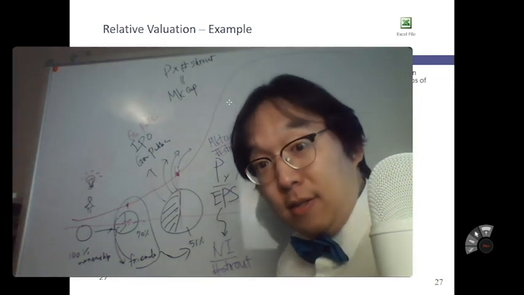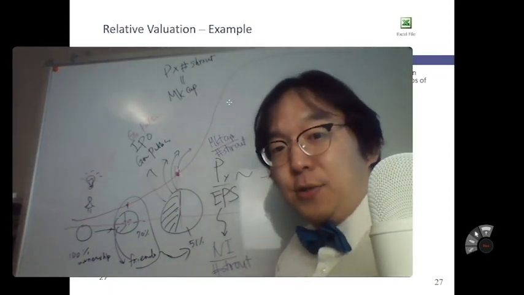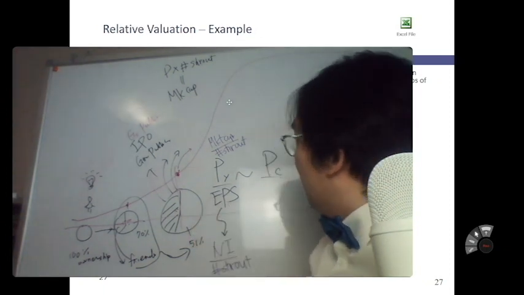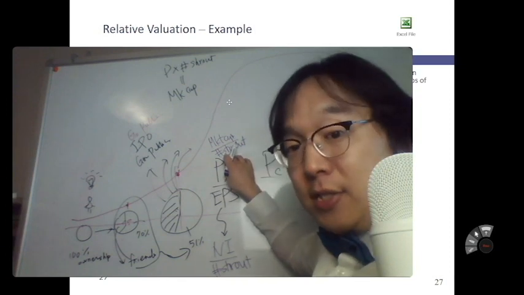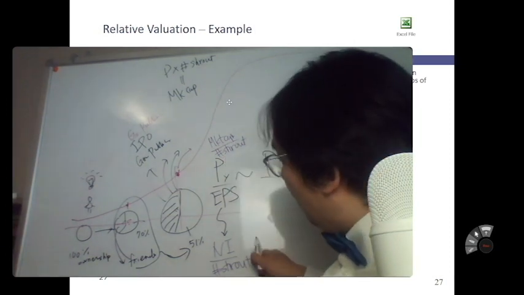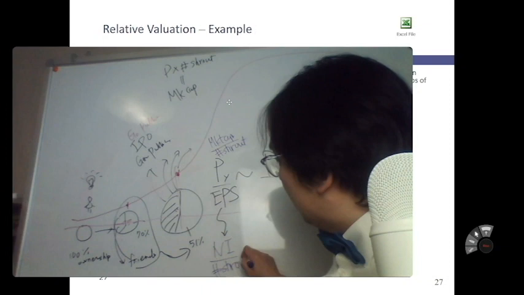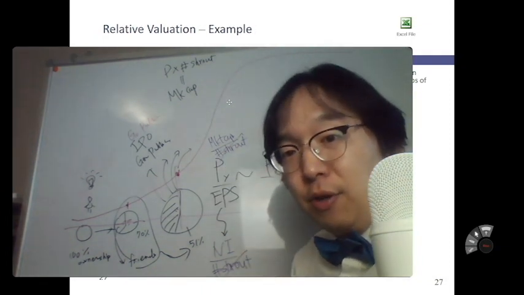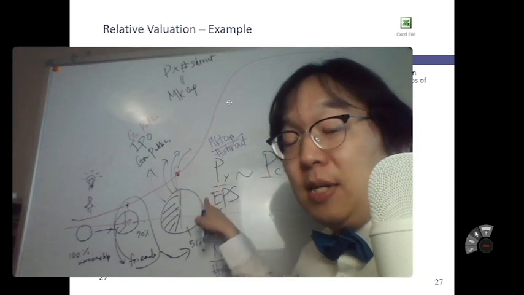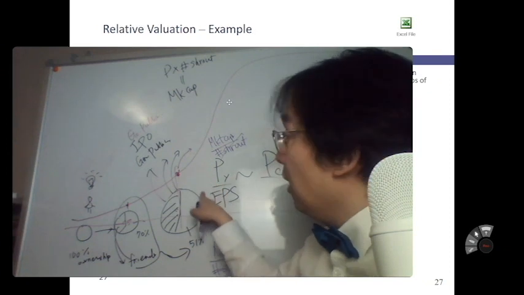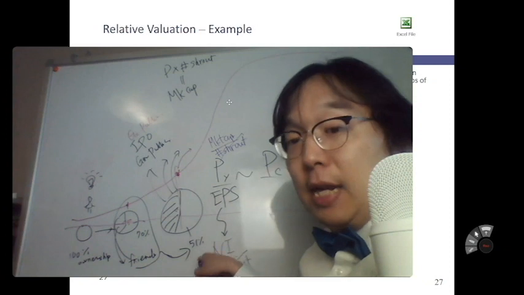Make sense? If you think about it mathematically, in the numerator you have number of shares outstanding and in the denominator you have number of shares outstanding. So these cancel each other out, right? So price per share divided by EPS is nothing but market cap per net income.